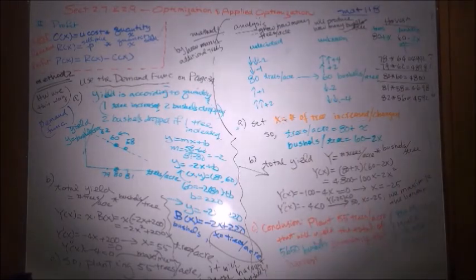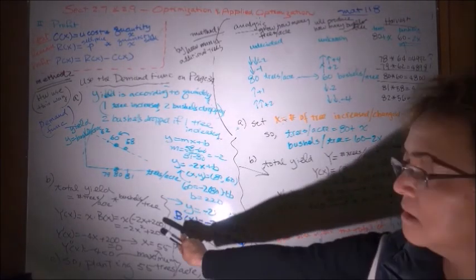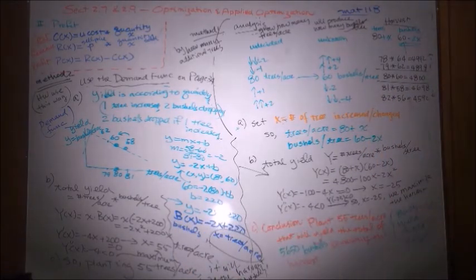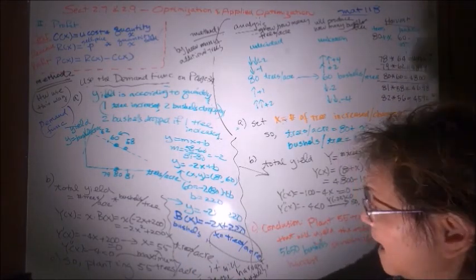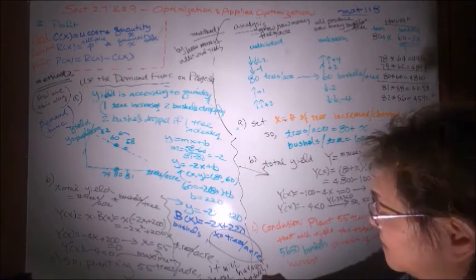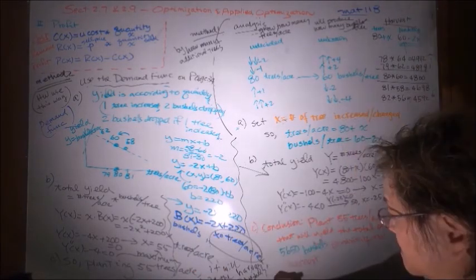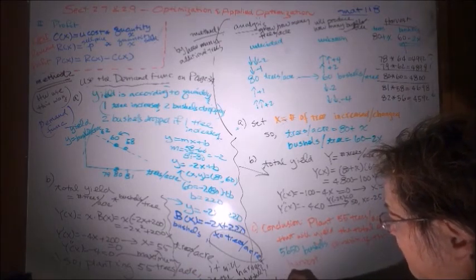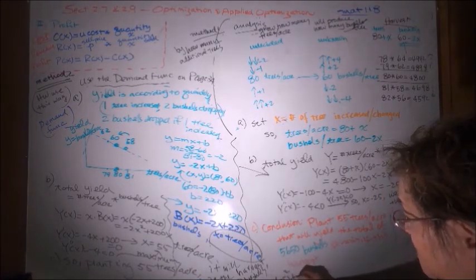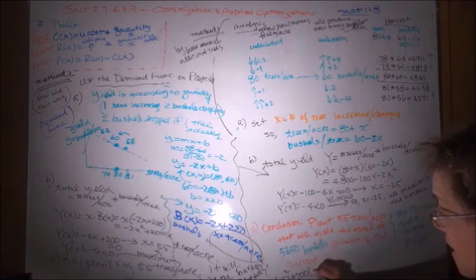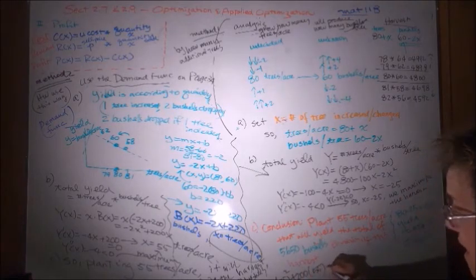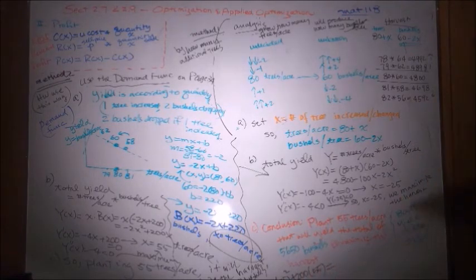How do you get 5650 bushels? That's your y, right? That's your yield. So you do what? y of 55. That would be what? Here. Negative 2 times 55 squared plus 200 times 55. Then you will get what?